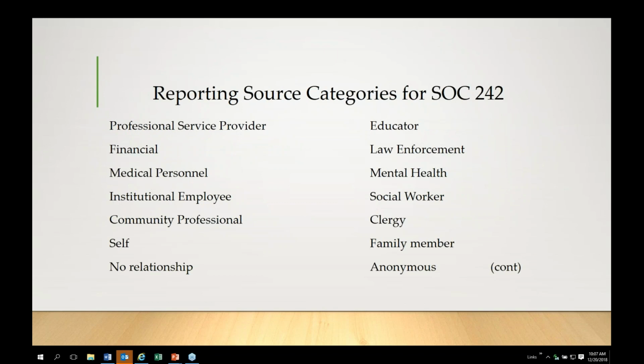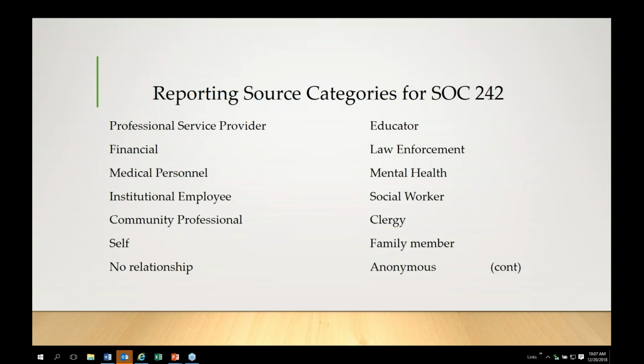So one of the new categories is the reporting source. So we're asking you to tell us who made the report. And this is probably going to affect intake workers the most. And a couple of these definitions are a little bit tricky.